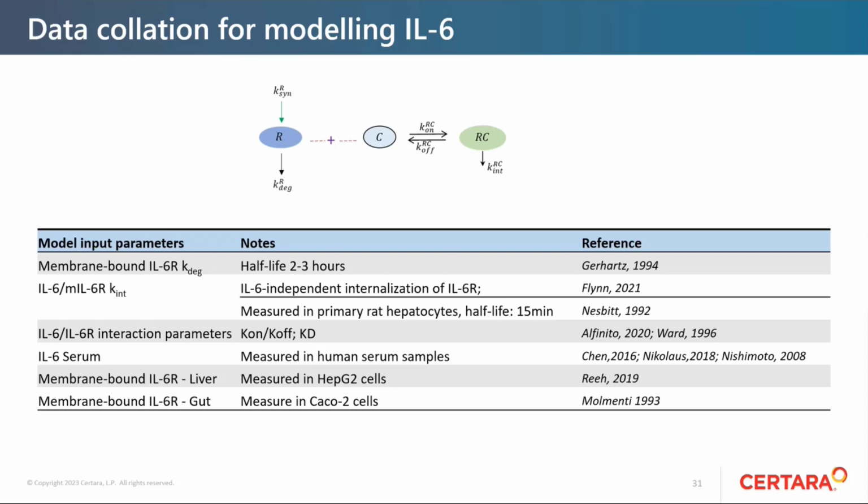And then the interaction between IL-6 and IL-6 receptor can be modeled either through the full model, the Kon and the Koff, or you have the assumption about the quasi-equilibrium approximation, which is the KD that you will use in that model. Then for this complex, we need the internalization rate. So the team had looked through the literature carefully, and we were able to collect the data for us to parameterize this model.